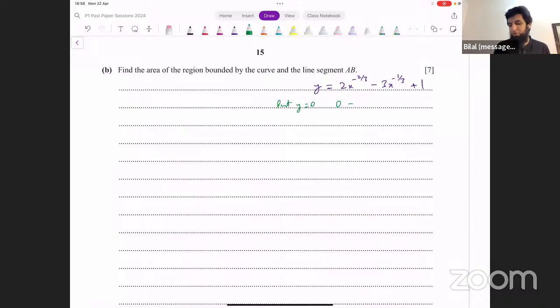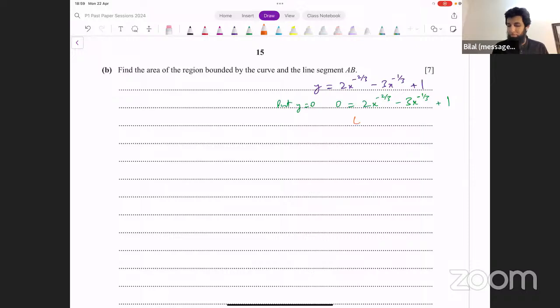What do we get from this? 0 equals 2 into x raised to the power minus 2 over 3 minus 3x raised to the power minus 1 over 3 plus 1. That's what we get. Now, look at the powers. They are in the ratio 2:1. So what that means is you can actually use a substitution to make it a quadratic equation because it's a hidden quadratic equation.